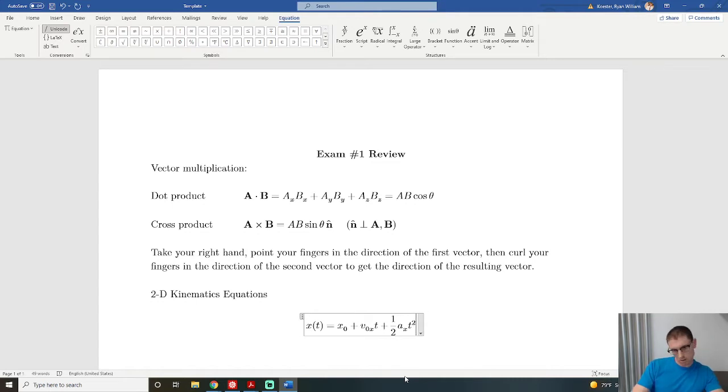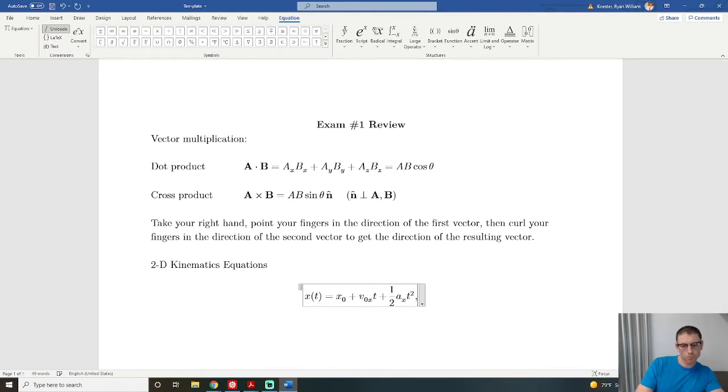This is probably one of the more important ones. And then for velocity, we have the x component of velocity as a function of time is just going to be the initial x component of velocity plus the x acceleration times time.